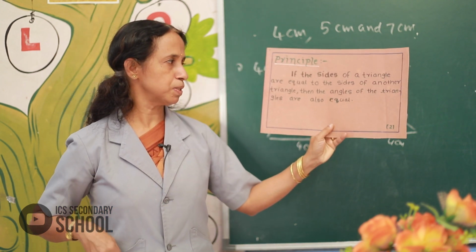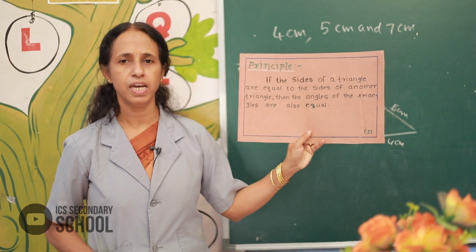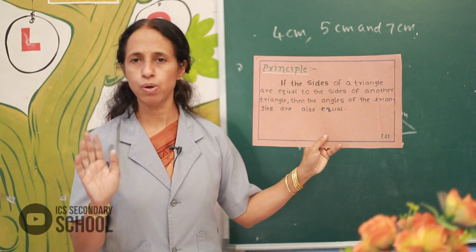The general principle: if the sides of a triangle are equal to the sides of another triangle, then the angles are also equal.